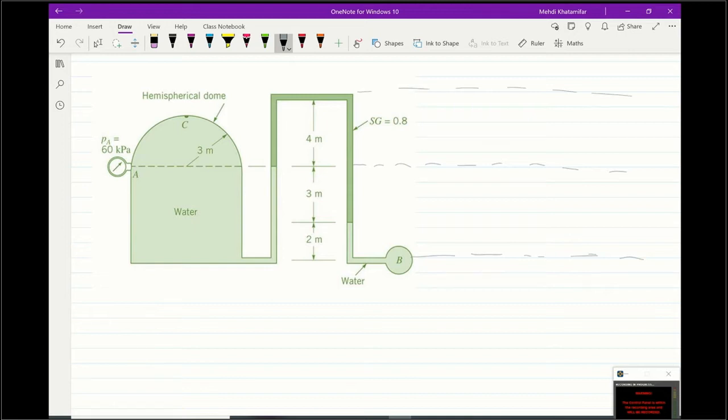From point C, the pipe is going to go down like this. This is closed. Up to the highest level here.